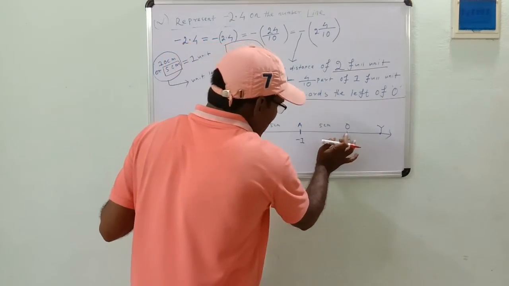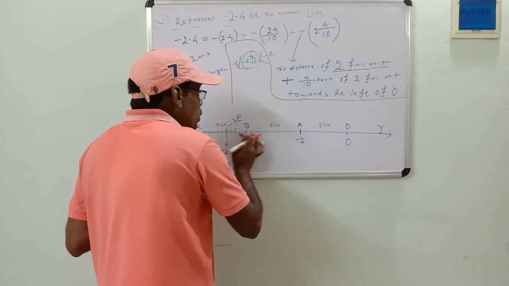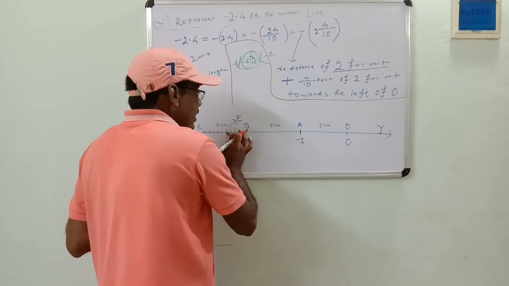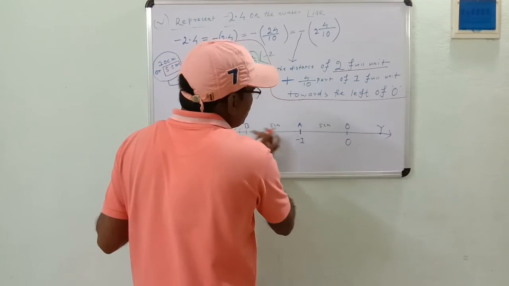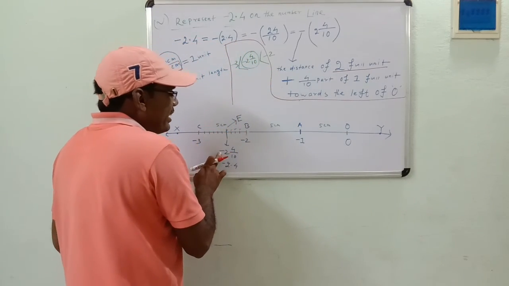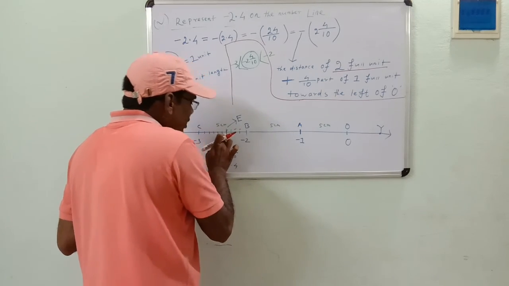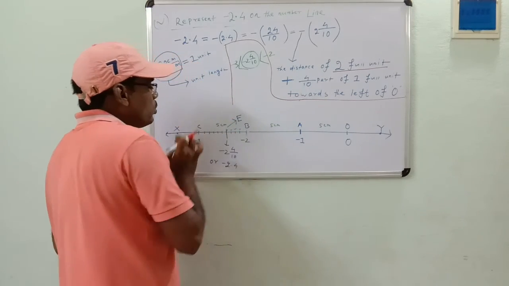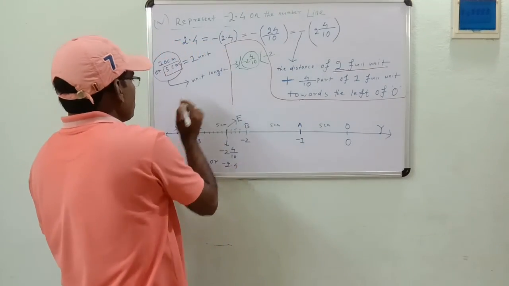Therefore from point O to point E the distance is 2 full 4/10, but it is in the left direction of 0, therefore minus sign has been put here. So point E indicates -2 full 4/10 or -2.4. So note it.